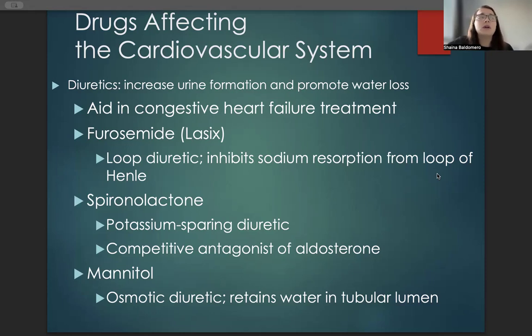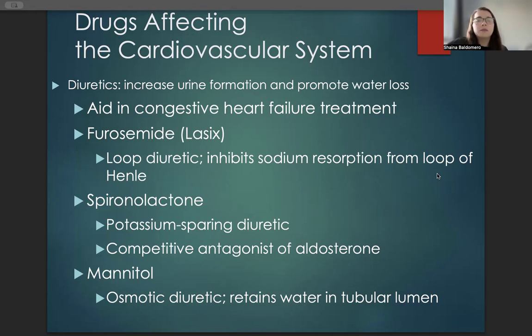And then we would follow that with a medication like furosemide, also known as Lasix. This is a loop diuretic. So that means that it inhibits sodium, which is salt, reabsorption from the loop of Henle. So it's going to help stop sodium reabsorption to stop clinging on to so much water.